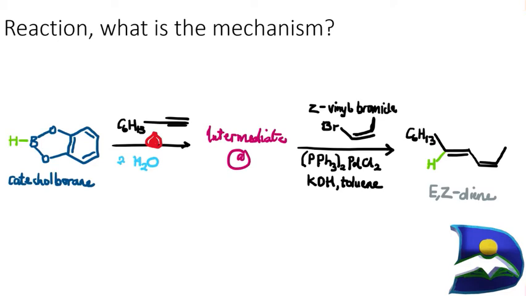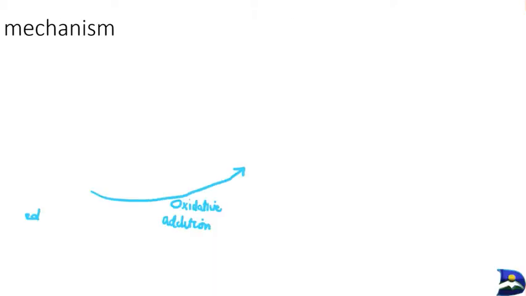So how are we going to approach this step? This leads us to the mechanism, and in some path there is an oxidative addition, but we're going to clarify that in this video. But first off, we have our octyne, and this octyne is in the presence of heat and a step called hydroboration.